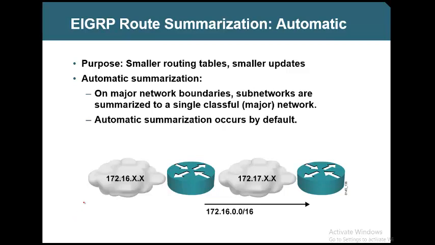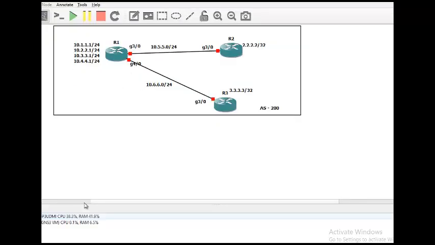I'm going to show you this first. This is not a new lab for us. We have used this lab in the previous scenarios, basic EIGRP configuration. Now, I'm going to change the subnets to maybe 172.16.12.0/24.